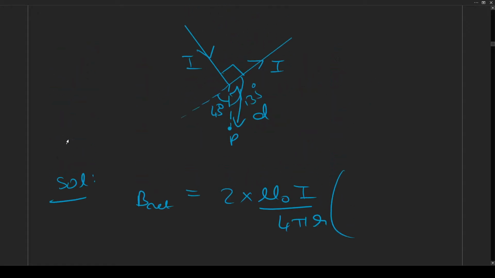Now the total magnetic field due to this will be B net, which is equal to 2 times mu naught I by 4 pi r, sine 90 degrees plus sine of 180 minus, but somehow we got the answer as minus sine 45 degrees.